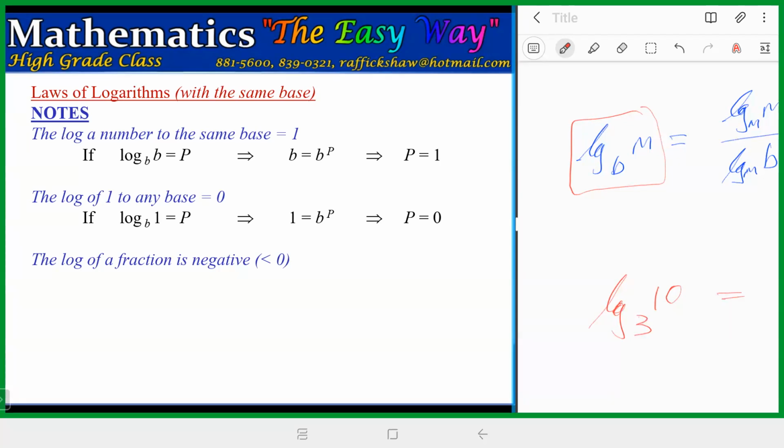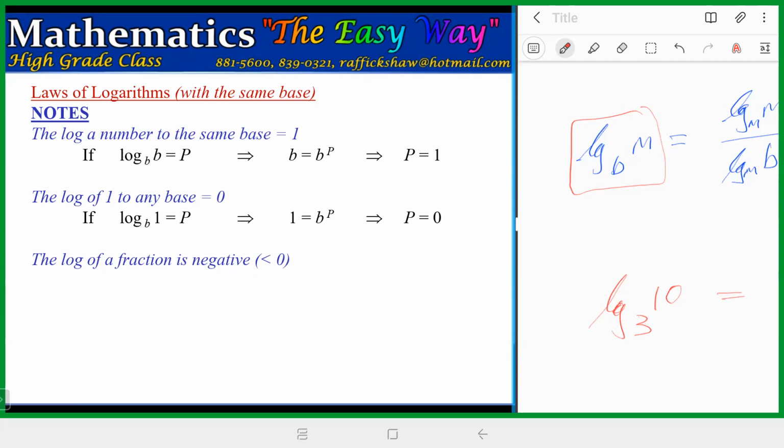I'm going to show you a question about that applicability. As simple as it looks, it's very important, especially in some logs inequality systems. You have to know that the log of a fraction value is a negative number. You're going to see them in some questions.